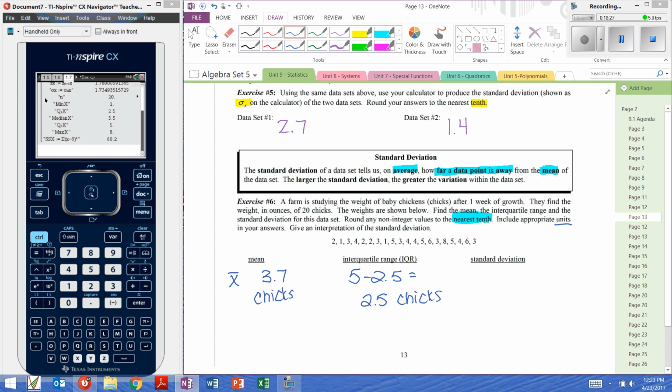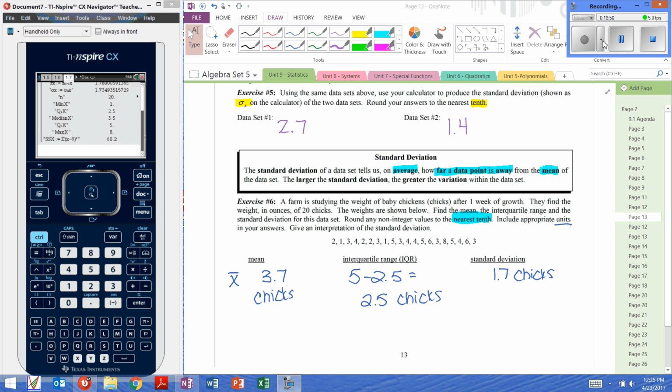And lastly, we need to get our standard deviation. That is sigma x, and rounded to the nearest tenth is 1.7. Again, we're dealing with chicks. It also says that we need to give an interpretation of the standard deviation.